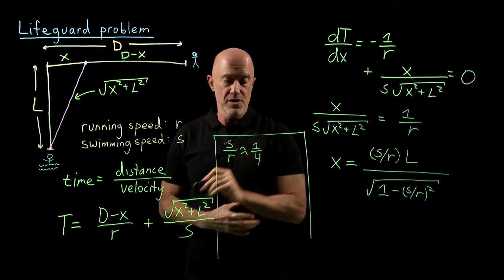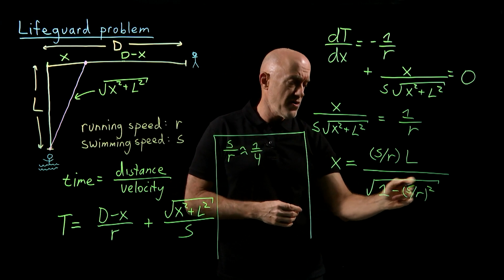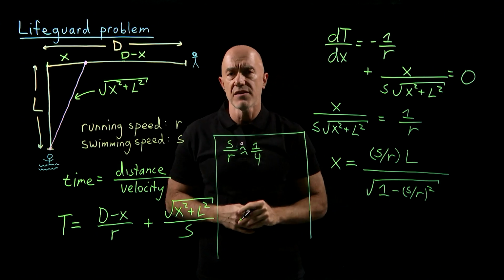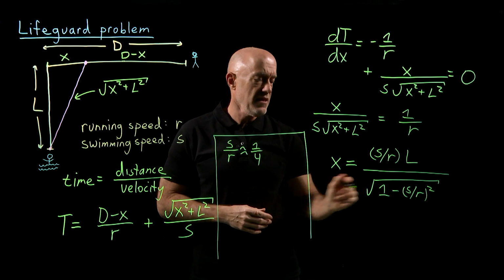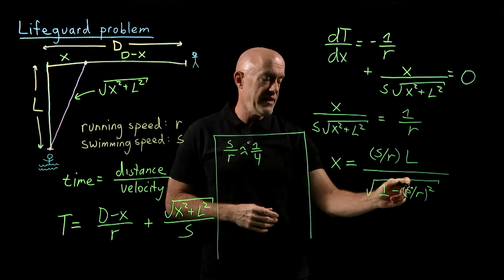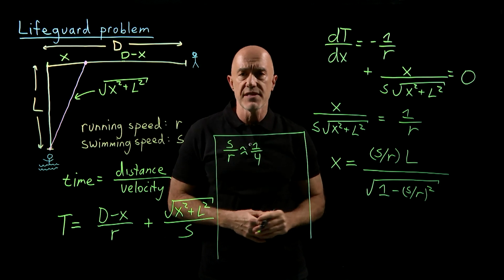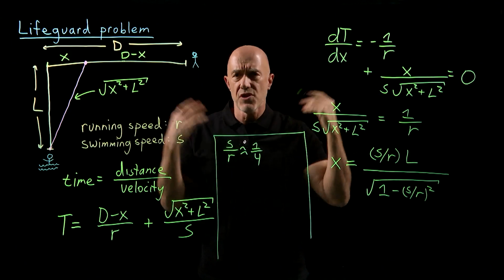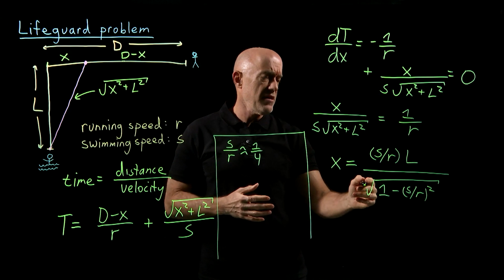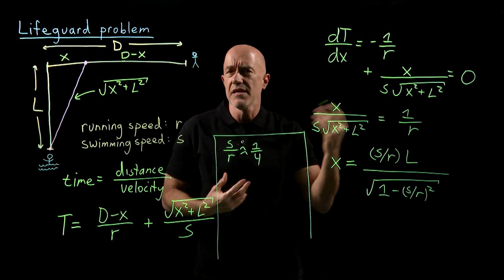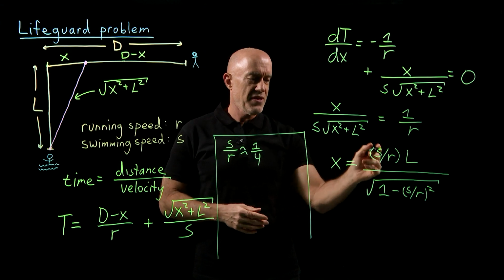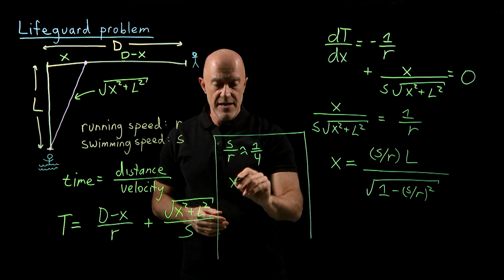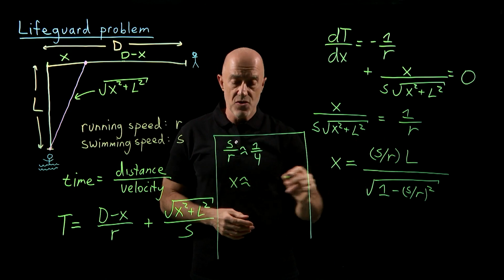Lifeguards are good swimmers. If s over r is a quarter, then (s over r) squared is 1 over 16, and 1 minus 1 over 16 is 15 over 16. It's a number close to 1. So this denominator in terms of helping the lifeguard is about 1. So he doesn't have to compute square roots. So this x then is approximately 1/4 L.